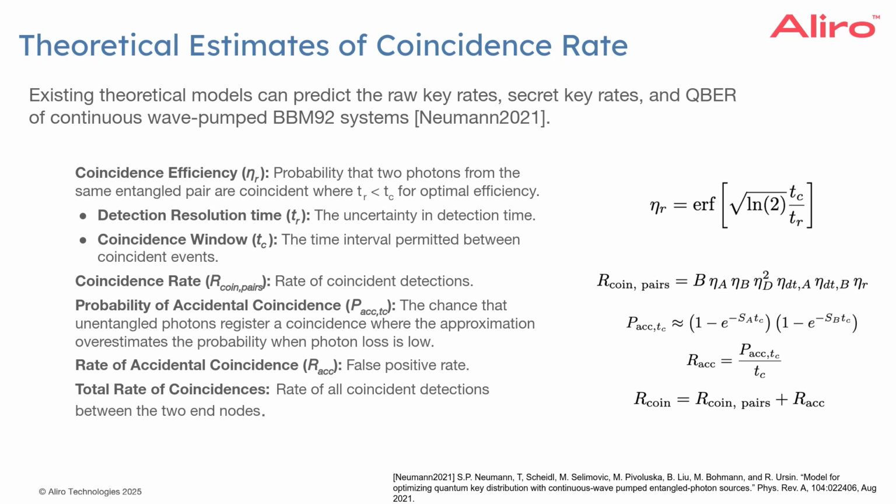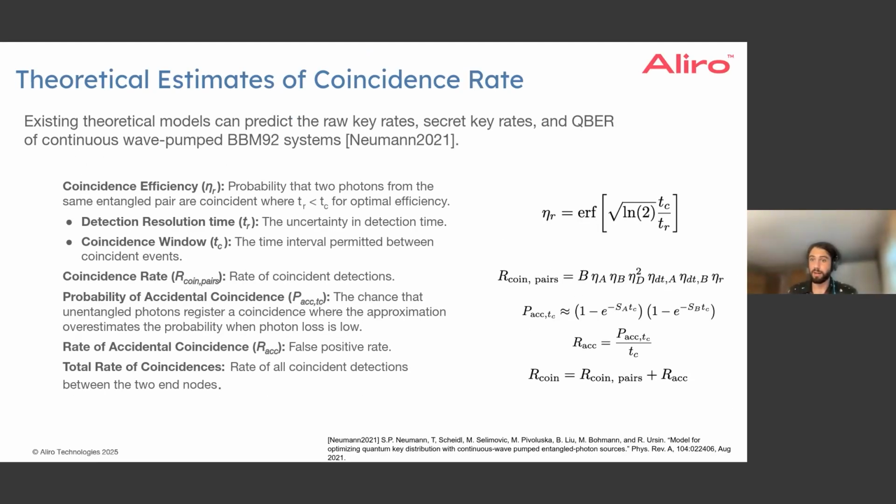Now, the probability of accidental coincidences will start to capture the number of errors that we have, or false positives, in this system. This can be estimated using this mathematical expression to the right, where this approximation actually will overestimate the probability when the photon loss is low.